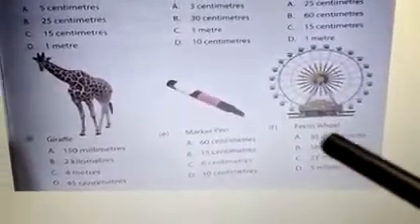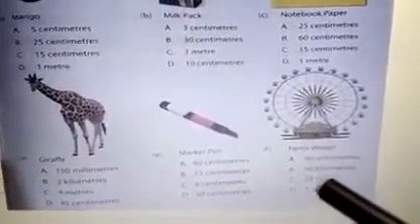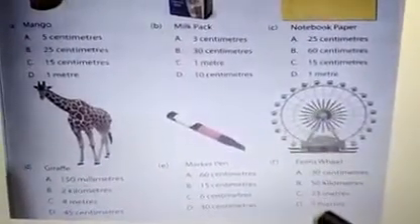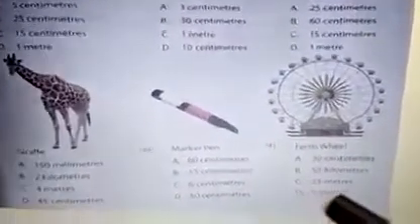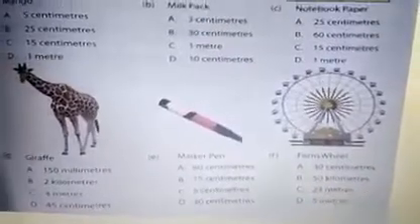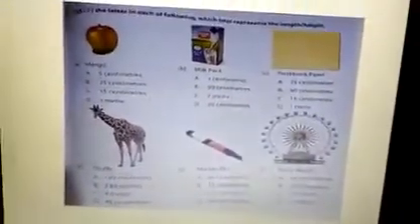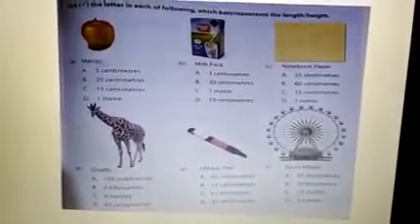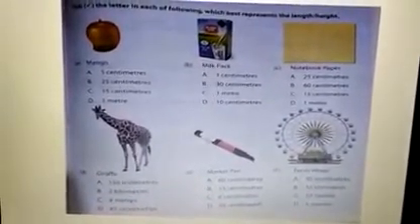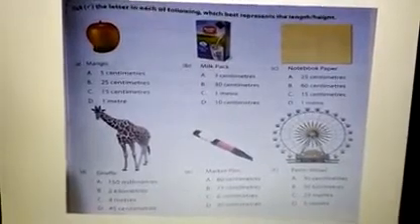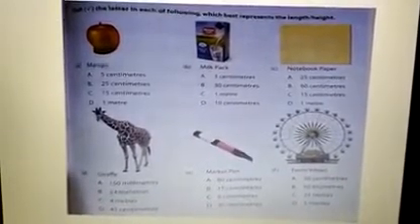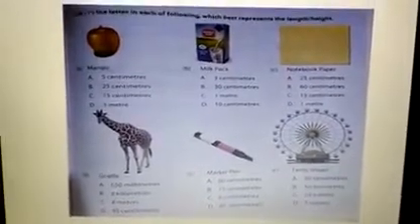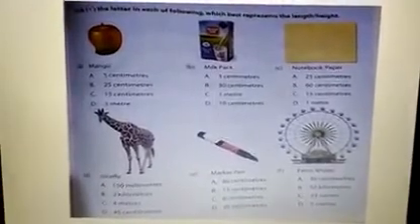Yes, 23 meter. And 5 meter. No, it's not possible. So the answer is 23 meter. So this is how to use the units in different cases according to the length or height that we discussed. I hope you all understood. Thank you.